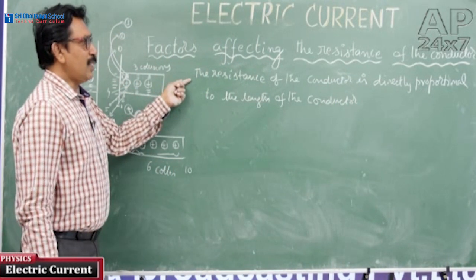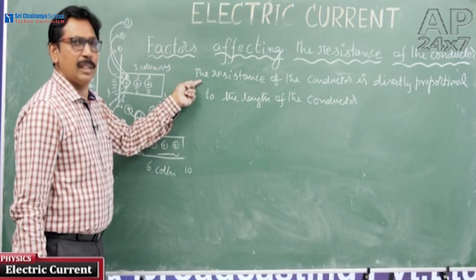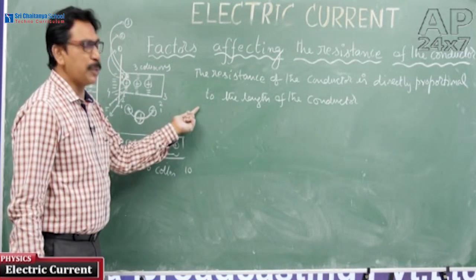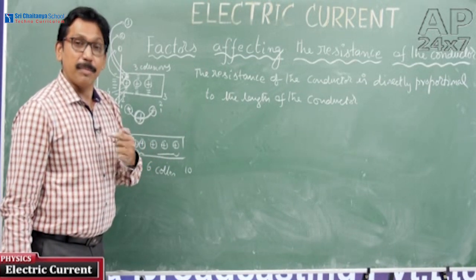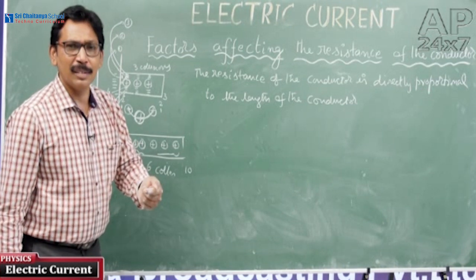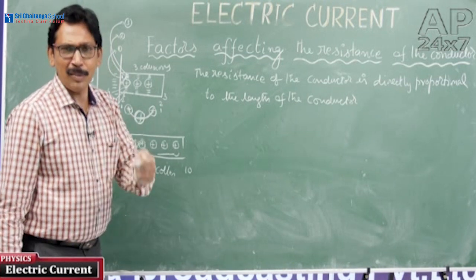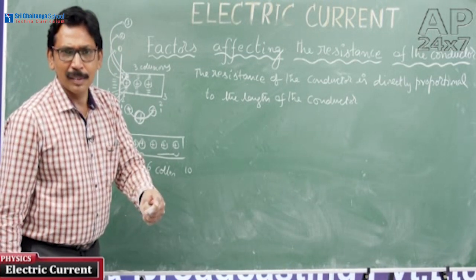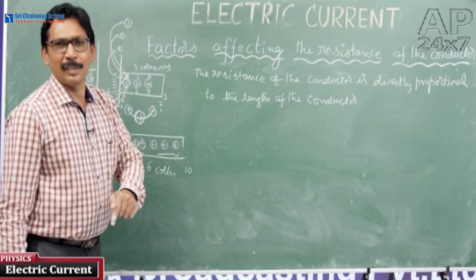Once again, this is factor number 1. The resistance of the conductor is directly proportional to the length of the conductor. That means if length increases, resistance of the conductor increases. If length of the conductor decreases, resistance decreases.